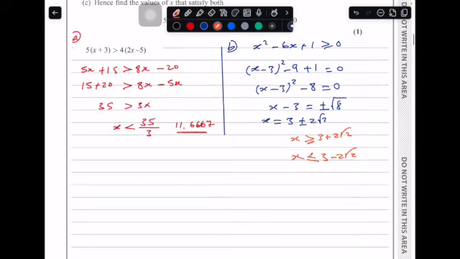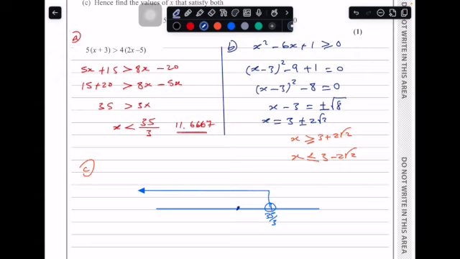To satisfy both inequalities, you have to put them on the number line and make your steps clear. We have the first one, 35 over 3, and it's an open circle, and x is less than, going down. Also, we have x greater than 3 plus 2 root 2, which is almost 5 point something.